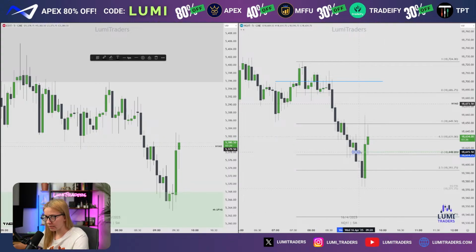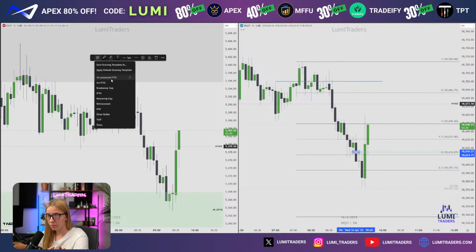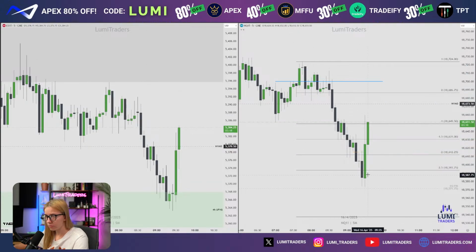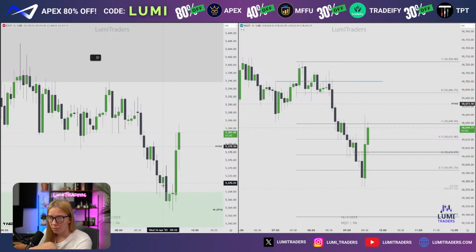But I hope, guys, the idea with fair value gap makes sense. A bit different charts because we got inversion fair value. Okay, I'm going to highlight this one anyway.